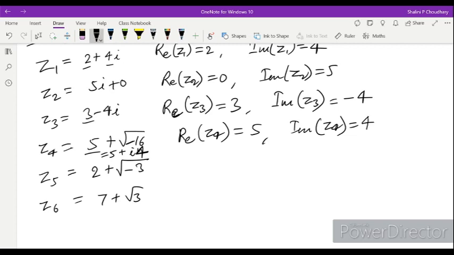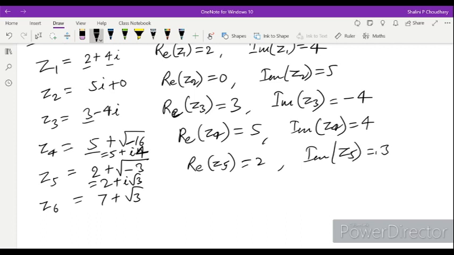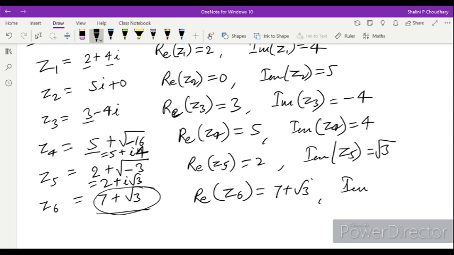Now in this one we can write 2 plus i root 3, so real part of z5 will be 2 and imaginary part of z5 will be root 3. And in this one, what is the value with i? This is not minus 3, this is plus 3. So real part of z6 is equal to 7 plus root 3, and the imaginary part of z6 is not there at all, so 0 into i, that will be 0.